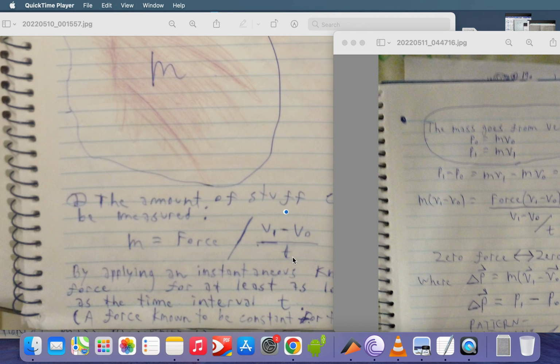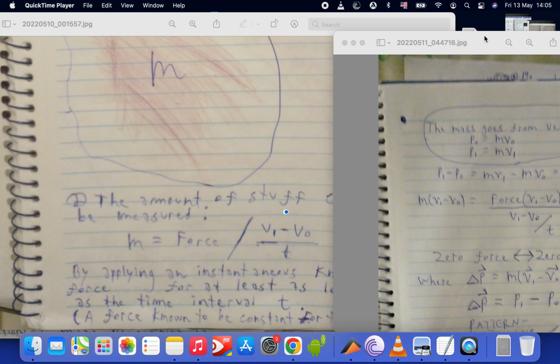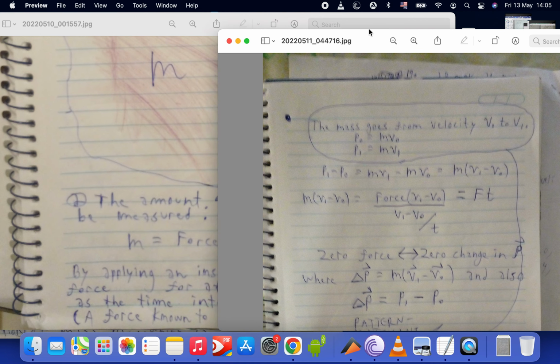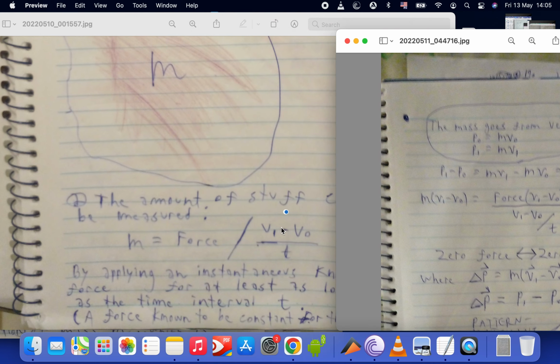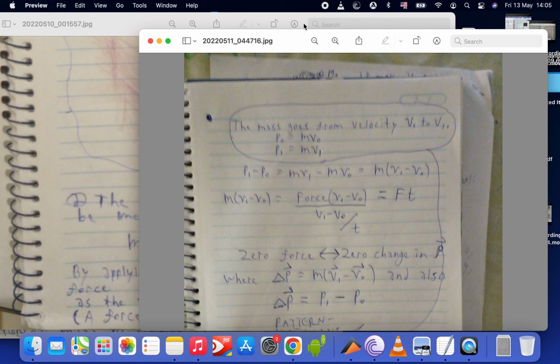And so we're going to have the great idea of multiplying both sides of this equation by this difference in velocity, v1 minus v naught. And when we do that, we get mass times v1 minus v naught equals force, and then you can see that this expression cancels, and it equals force times time.